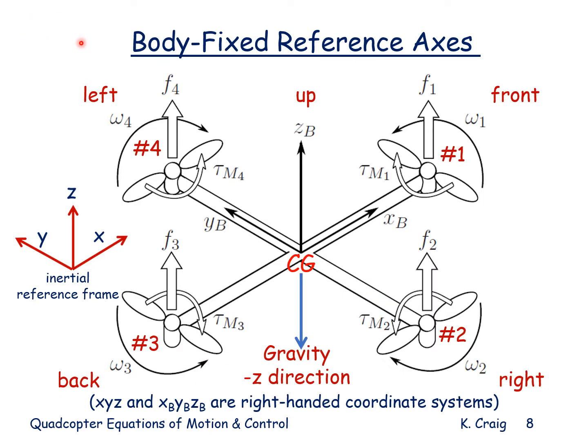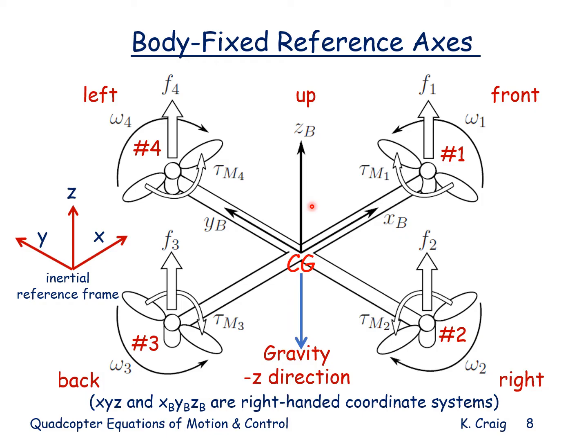Shown is a diagram of the quadcopter with its body-fixed reference axes. The XYZ coordinate system represents the inertial reference frame. The XB-YB-ZB coordinate system are the body-fixed reference axes.